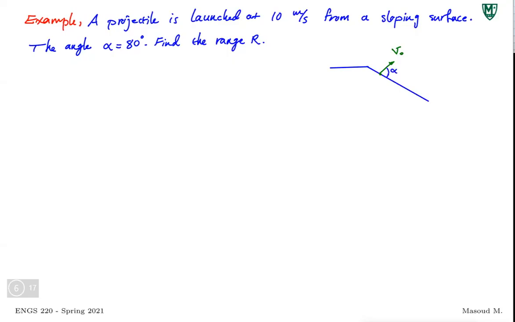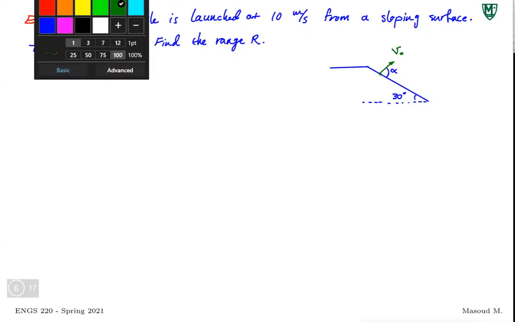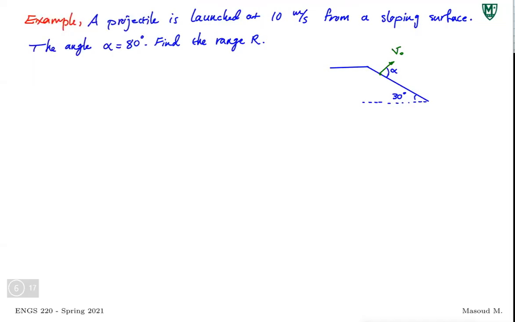And this angle here is 30 degrees. Definitely things are not to scale. So this goes along this line. This is the projectile, and this distance is the range you're trying to find.